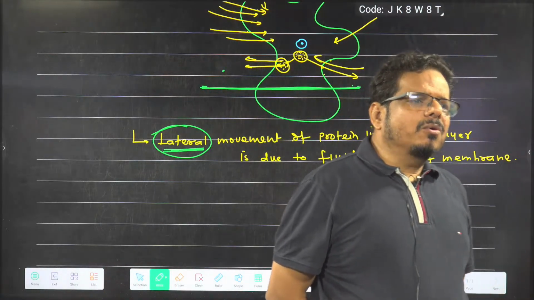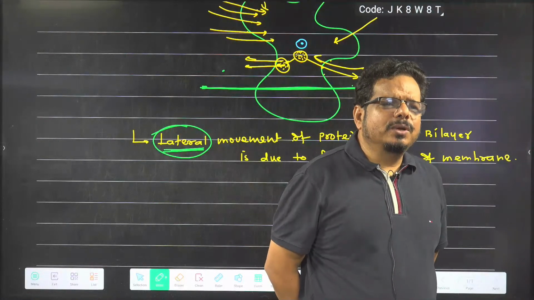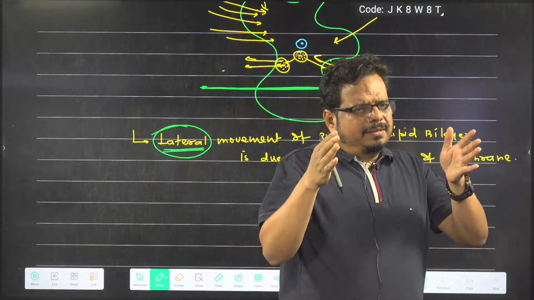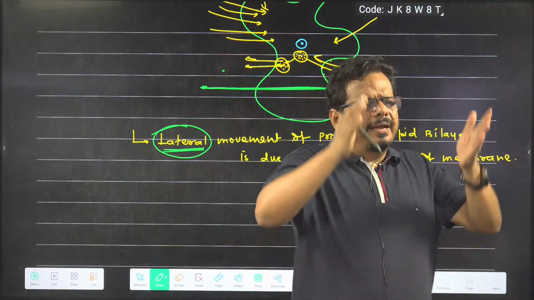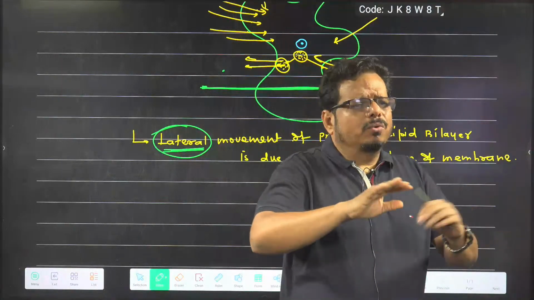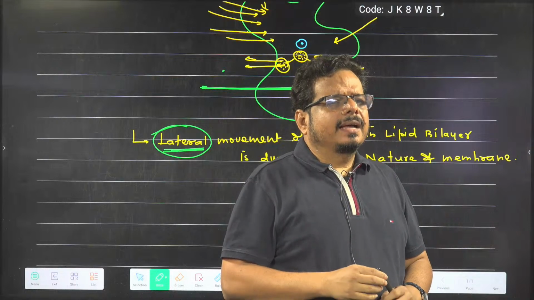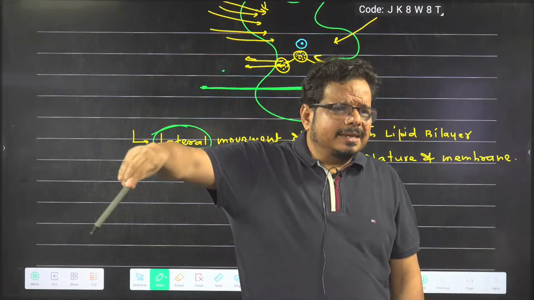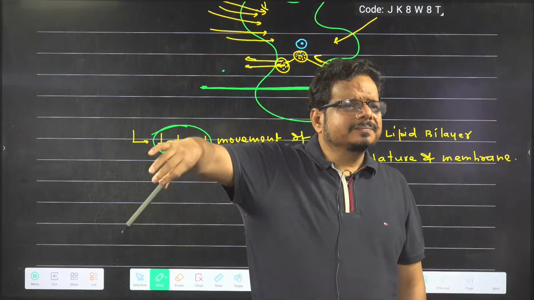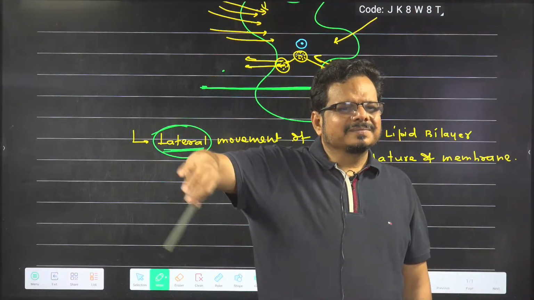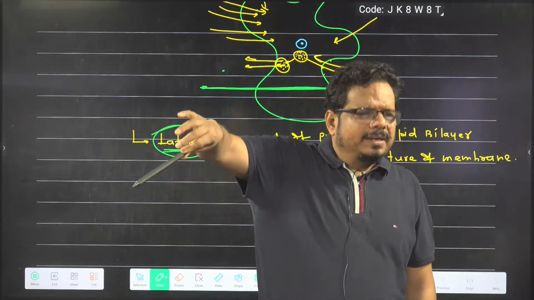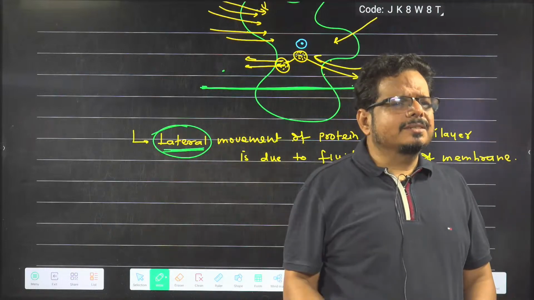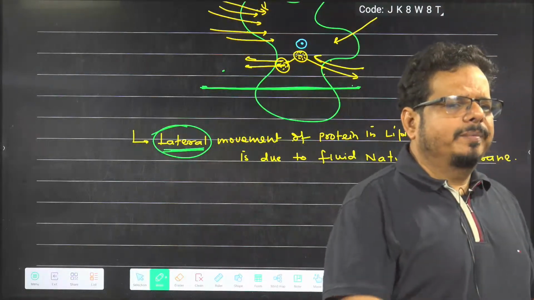Clear? Now, because the plasma membrane is fluid in nature, take a jar and in that jar place around 1-2 kg honey and then take a stick there. Can you drag the stick in honey like this? Yes. Or in water like this? Yes, it is possible. This is called which movement? Lateral movement.